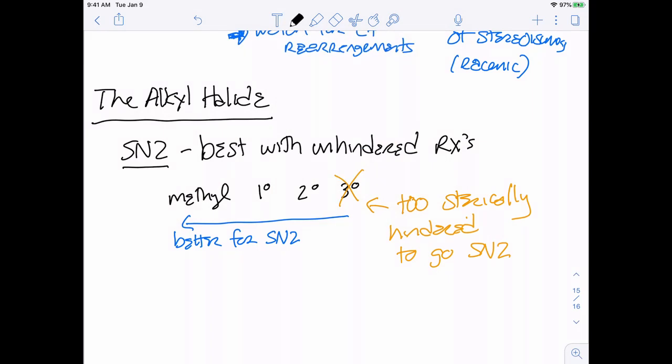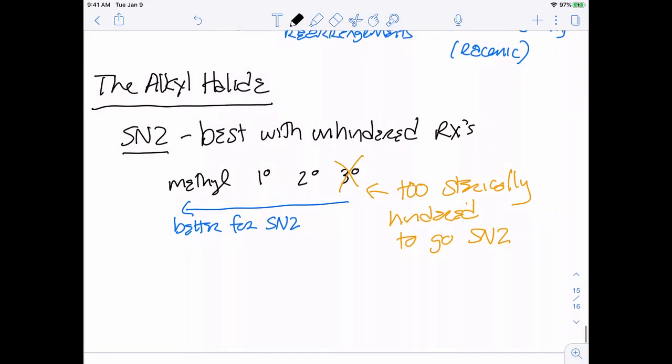For SN1 reactions, our arrow is going to be actually the opposite. Remember, SN1 reactions form a carbocation intermediate. More substituted carbocation intermediates are more stable. So since the product of our rate determining step is a carbocation intermediate, we want to form the most stable intermediate.